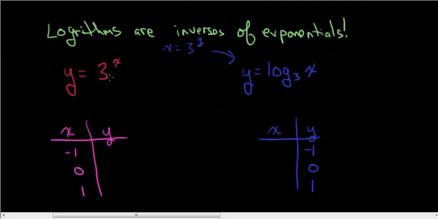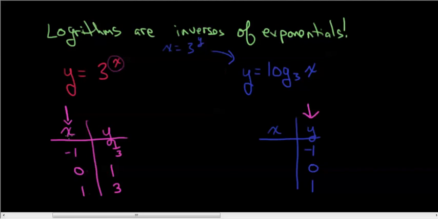whenever we graphed an exponential, the points we were interested in was when the exponent equaled -1, 0, or 1. Well, -1, 3 to the -1 is 1/3. 3 to the 0 is 1, and 3 to the 1 is 3. Well, the input becomes the output of your logarithm.